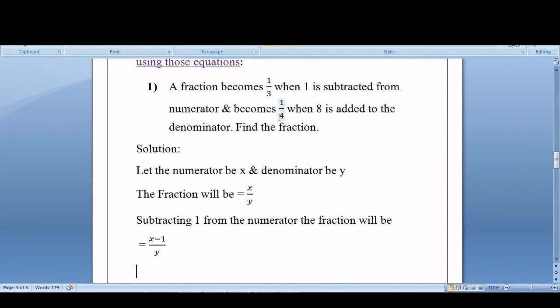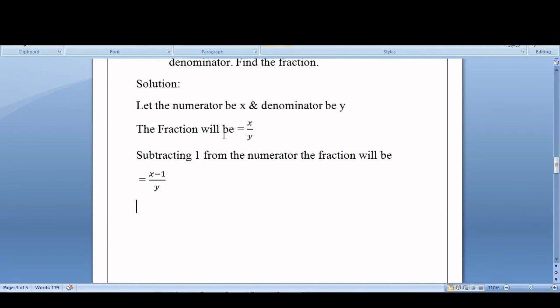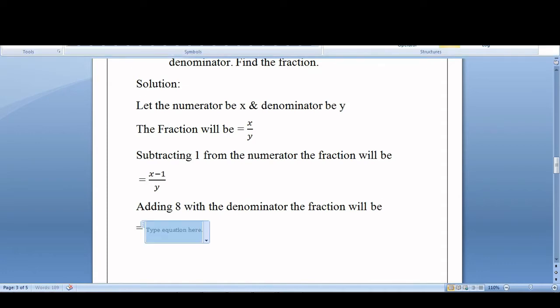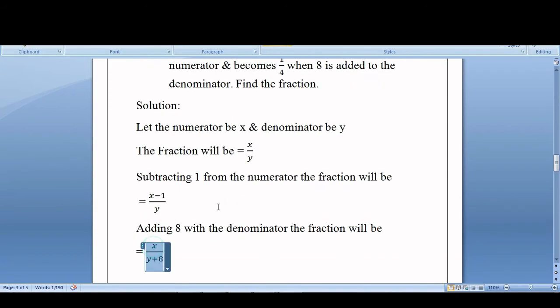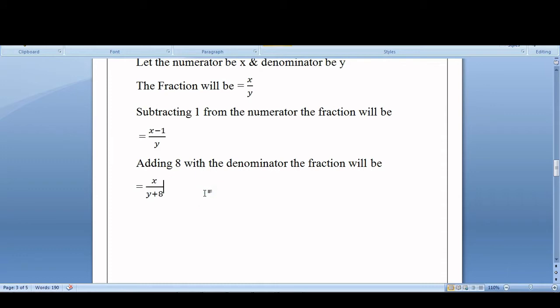In the second case, we have to add 8 to the denominator, keeping the numerator unchanged. So the fraction will be x divided by y plus 8. Now it is clearly mentioned that this fraction's value will be 1 by 3 and this fraction's value will be 1/4. Now let's form the equation.